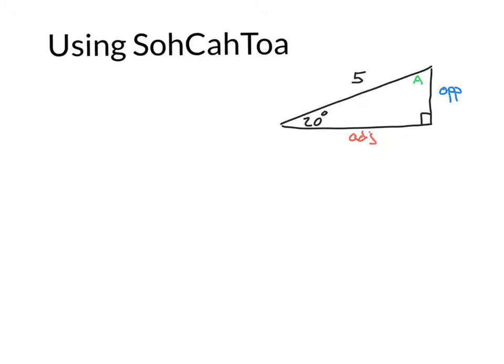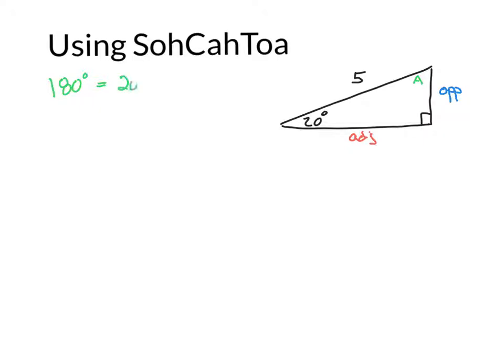All right, so the first thing we're going to do is think about that other angle A. What I know is that if I add up all of the angles in a triangle, I should get 180 degrees. So 180 degrees is equal to the sum of all these angles.